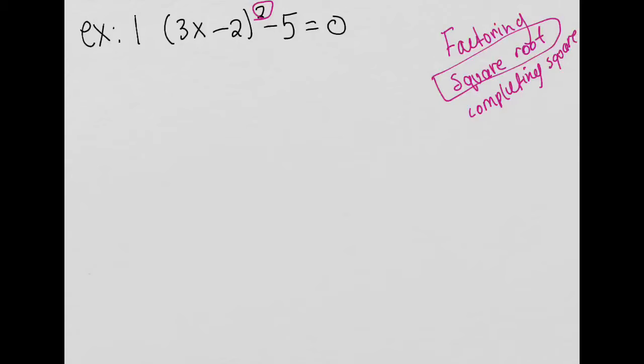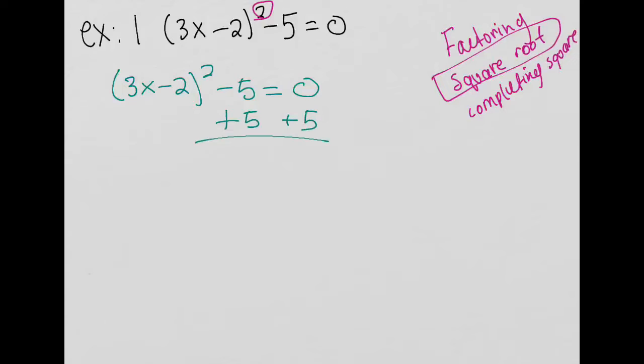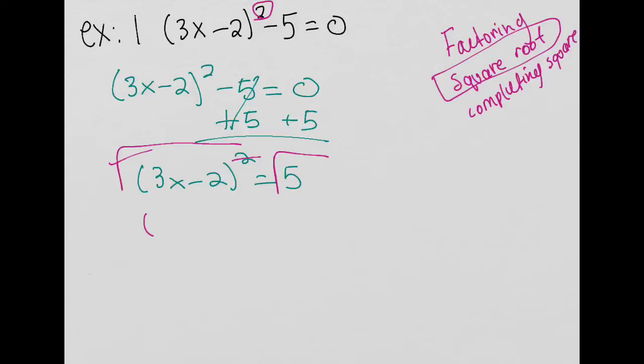So I'm going to go ahead and rewrite my problem. I'm going to add the 5 so I can isolate the parentheses. And now I need to cancel the radical, so I'm going to cancel it on both sides. So then I am left with 3x. And remember, when you do the square root, you're going to add plus or minus 5.